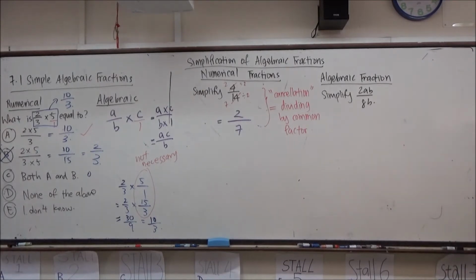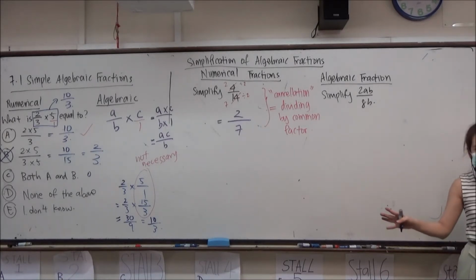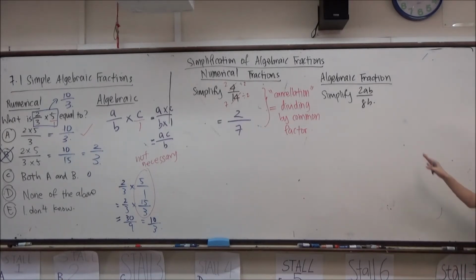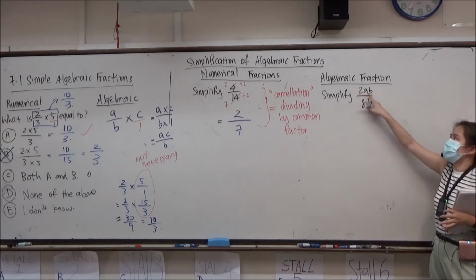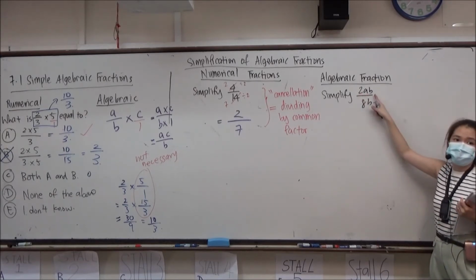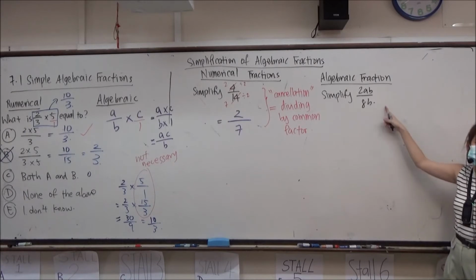So now when it comes to algebra, then how? Between A, B and C, how will I know whether there is a common factor or not? Don't tell me that a common factor is whether it is a vowel or a consonant. No, it doesn't work that way. So we understand that 2 times A times B is the same meaning as 2AB. 8B is 8 times B.